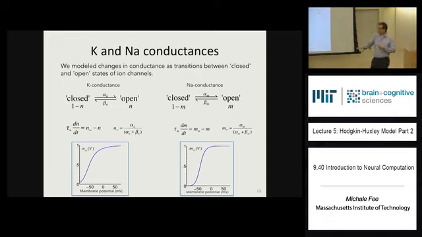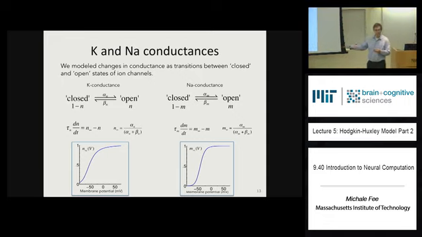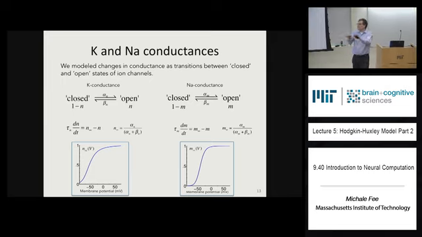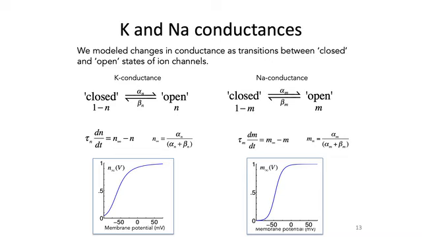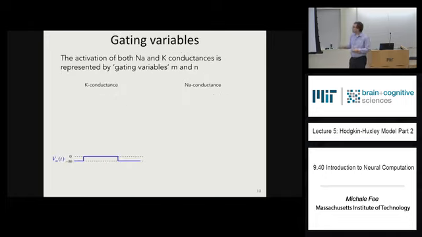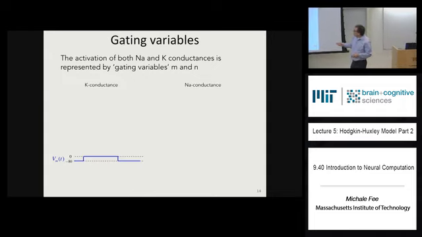So at hyperpolarized voltages, n infinity is going to be small, and so is m infinity, right? Those ion channels are closed at hyperpolarized voltages. So the gating variables that represent the probability of being open are small when the voltage is very negative. Okay, so then we're going to step the voltage up, and what is n infinity going to do?